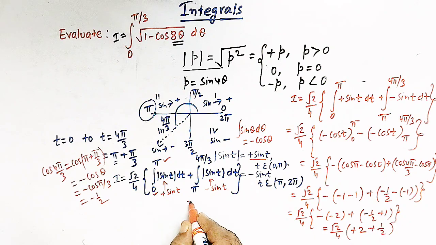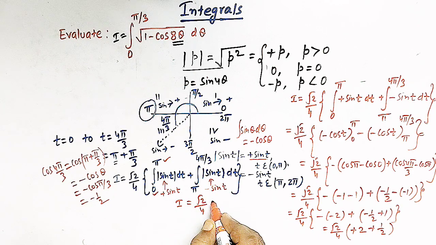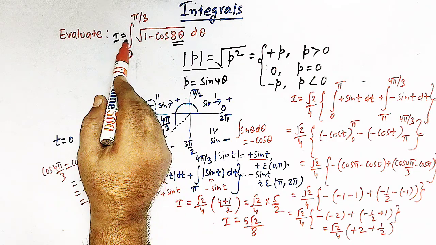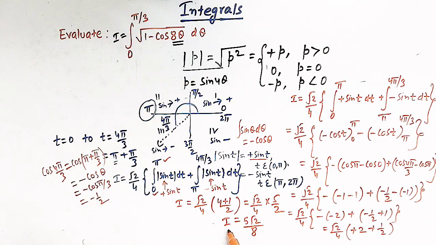So now we can write the value of the integral I as the square root of 2 over 4, and here we have 2 plus half, that is 4 plus 1 over 2, that is root 2 over 4 times 5 by 2. So this is 5 root 2 divided by 8, right? So viewers, the value of this integral is equal to 5 times square root of 2 divided by 8.